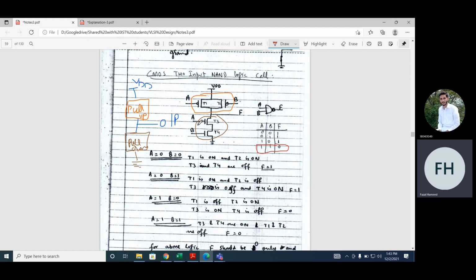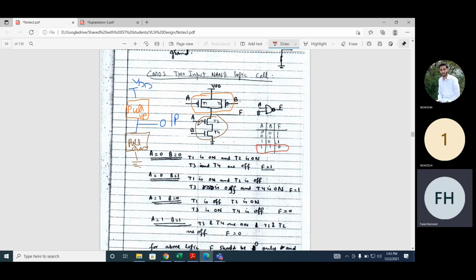And in the other possibility, if you look at the pull-up network, the output will be connected with VDD when A is on or B is on. Because it is controlled by PMOS, it is active low enabled.